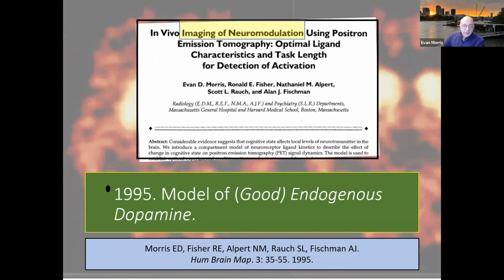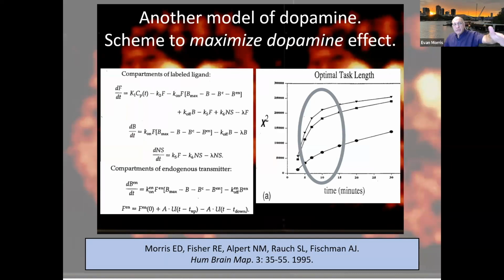A few years later, we jumped in with what I would call a model of the good endogenous dopamine. Why? Because we were introducing a similar model with differential equations to encode a state variable for dopamine and a state variable, the tracer.